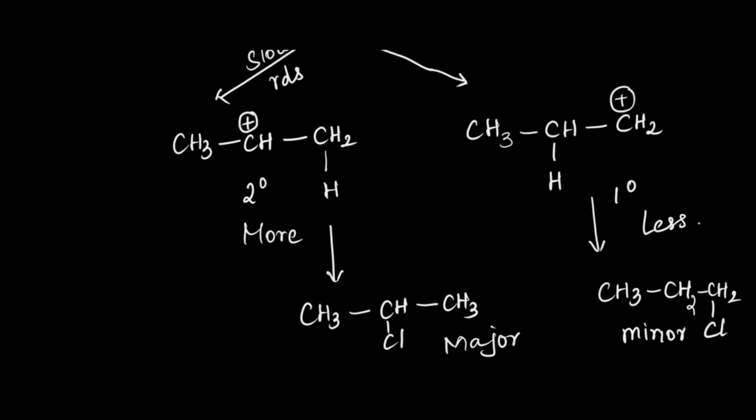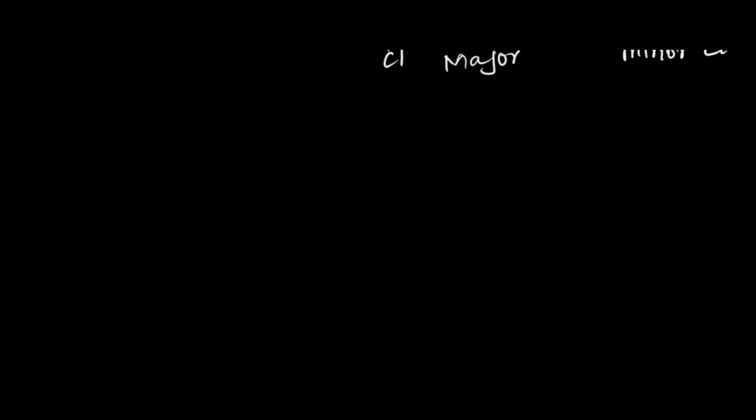Okay, so are there any types of intermediate? Yes, it has some types. Before that, I would like to introduce how the reaction happens, how the bond fission happens. Like in the first example, I showed you the double bond is breaking.